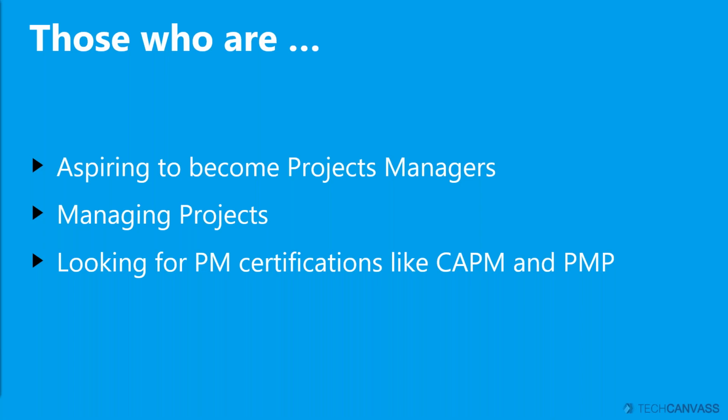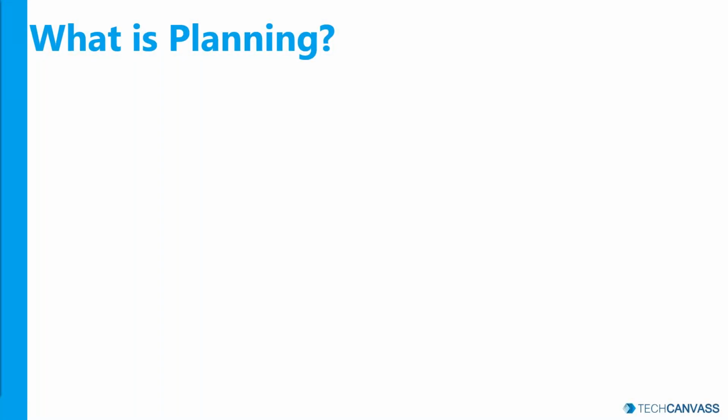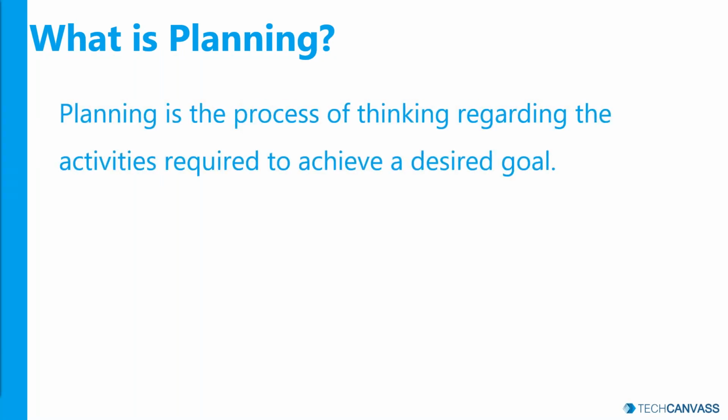So we'll talk about the planning processes in PMP. But let's try to understand what is planning and then go into the actual processes. Planning is the process of thinking regarding the activities required to achieve a desired goal. There are a couple of terms being used here. The first term is thinking.